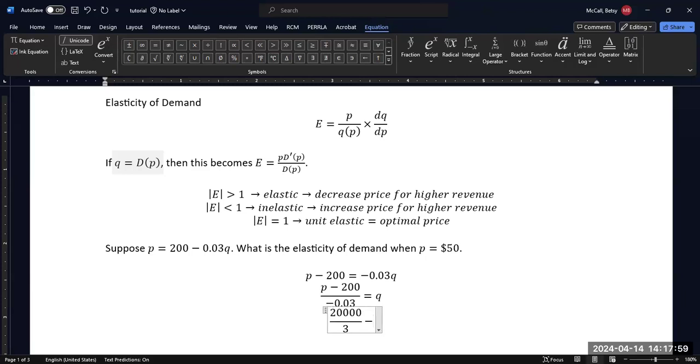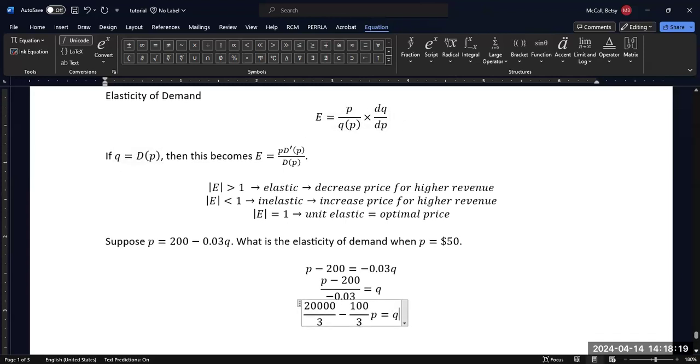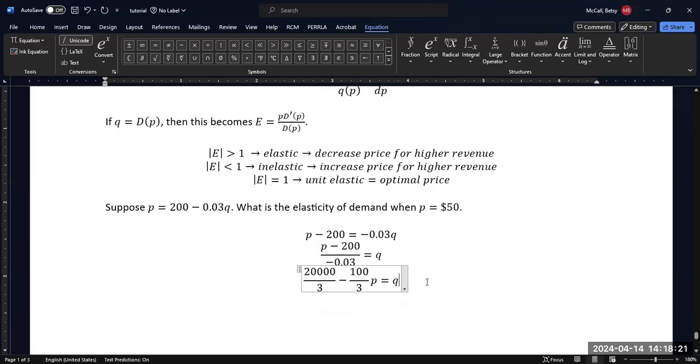And then minus 0.03 flipped over is going to be 100 over 3 P equals Q. And I just converted my decimals to fractions.